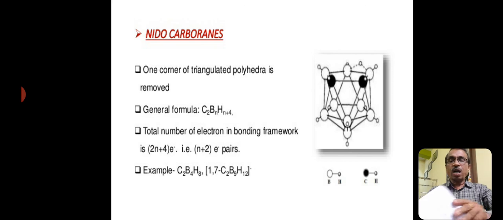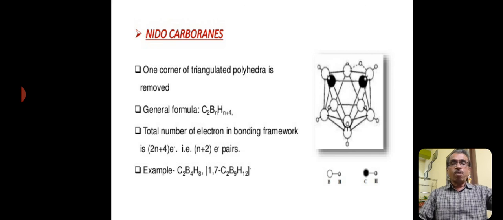Coming to the next one, nidocarboranes. In nidocarboranes, one corner of the triangulated polyhedra is removed, and its general formula is C2BnHn+4.